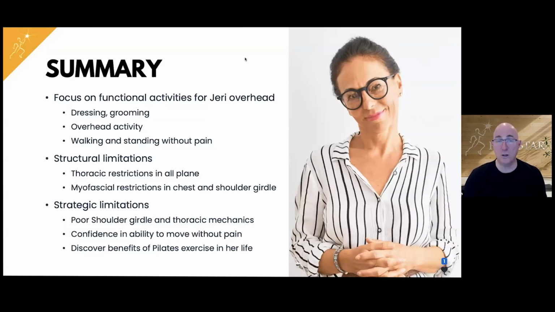So by doing the work that we do on the Pilates and the tower bar and the pedal and the straps and the springs, all the things you mentioned can start balancing out the tensions and the mobility of those tissues around the shoulder girdle. Strategic limitations: poor shoulder girdle and thoracic mechanics, confidence and ability to move without pain, and discovered benefits of Pilates exercise in her life, right?